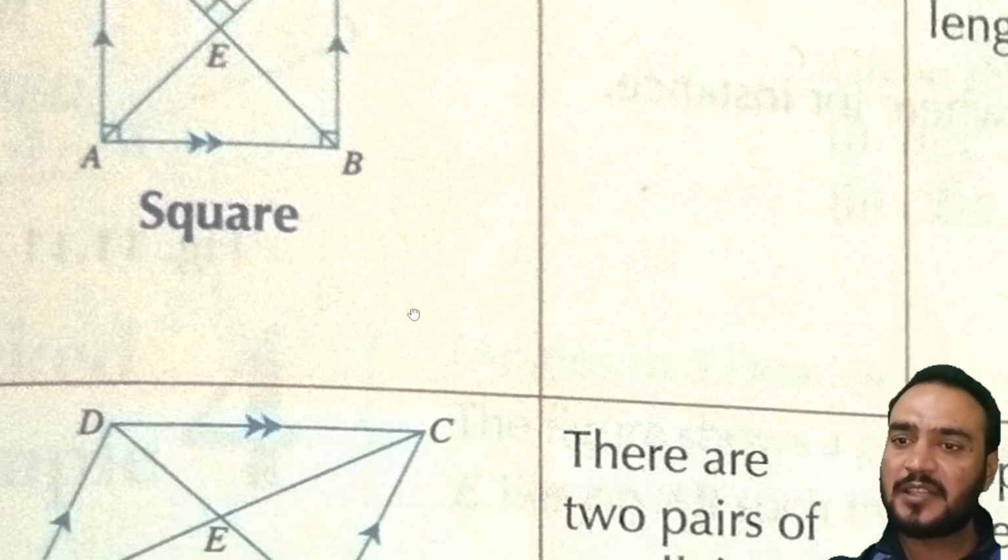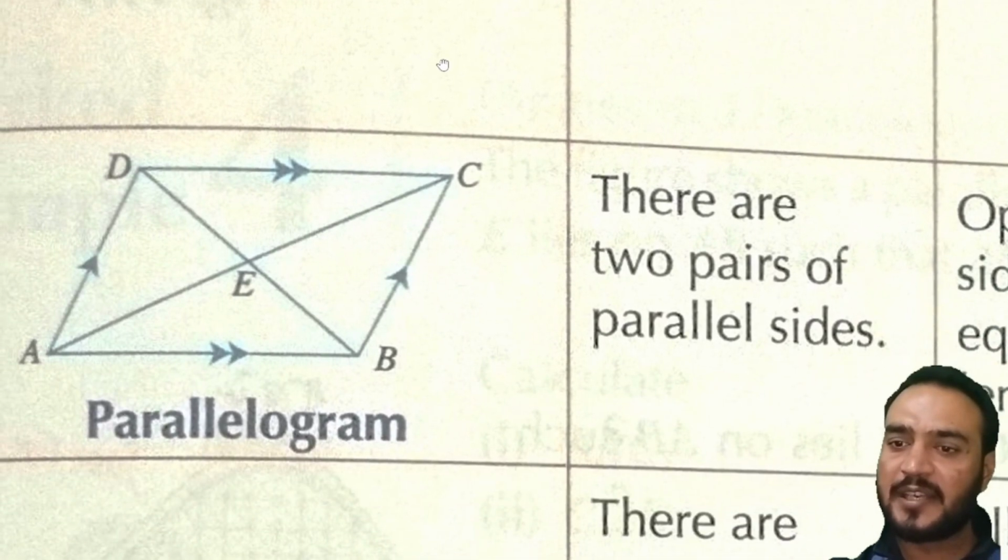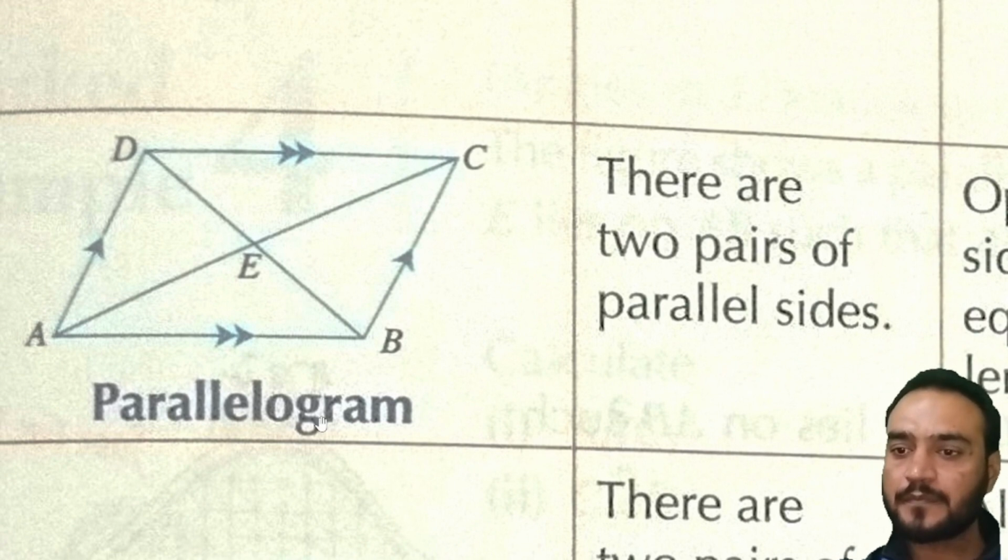The next type of the quadrilateral is a parallelogram. In parallelogram, opposite sides are equal in length. It means that AB is equals to DC and BC is equals to AD. These opposite sides are equal in length. The diagonal AC and the diagonal BD are there, which bisect each other.